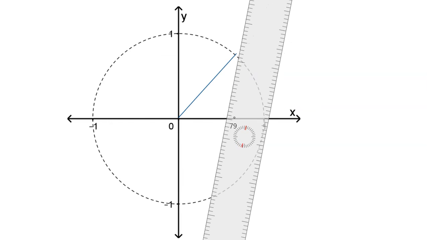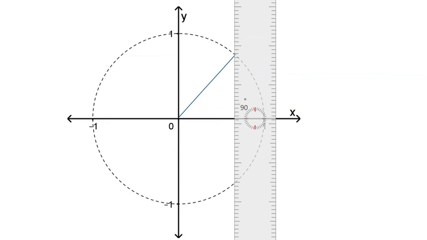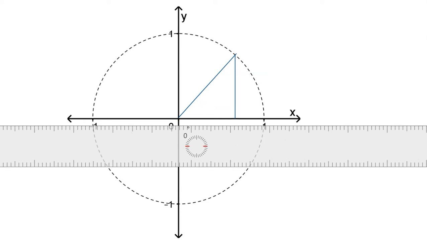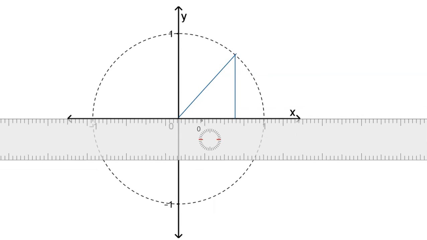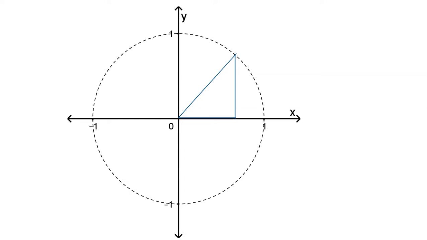So that has a length of 1, and any terminal arm to a point on the edge of the unit circle will have a length of 1 because it's the radius. So that's important. Okay?